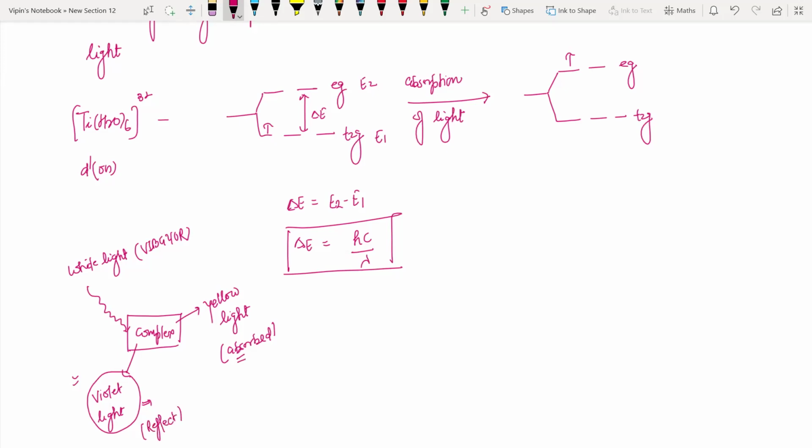The light that is reflected by a complex or any substance is seen by our eyes, and that light will be the color of that particular substance. Okay, these two lights, absorbed light and reflected light, are complementary to each other. These are called complementary colors or complementary light.